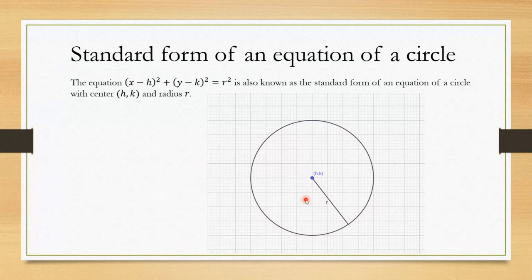The center is (h, k). That distance is the radius. It's the length of the line segment connecting the center to any point on the circle. And here's the equation. The circle here is the graph of this equation. (h, k) is the center, and r here is the radius.